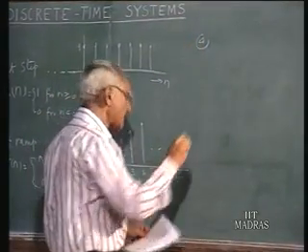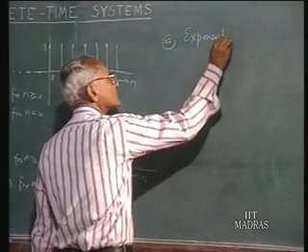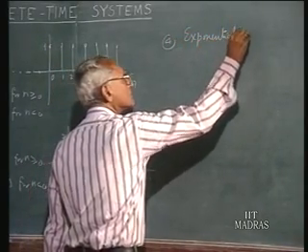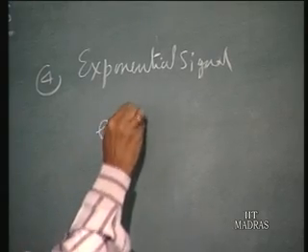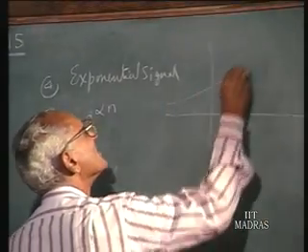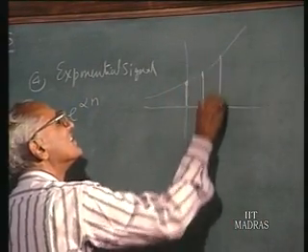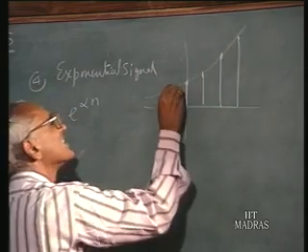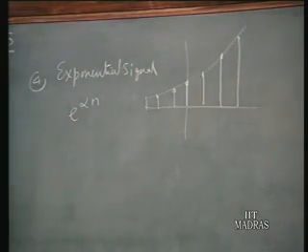We can also have an exponential signal, e to the power of alpha n. So you have something like the exponentially increasing, like this, e to the power of alpha n.